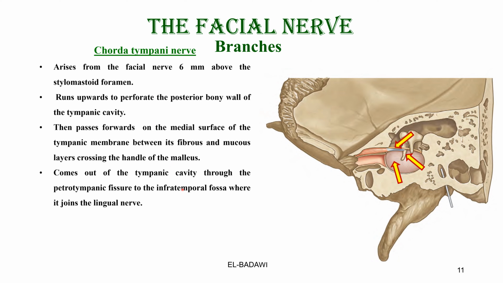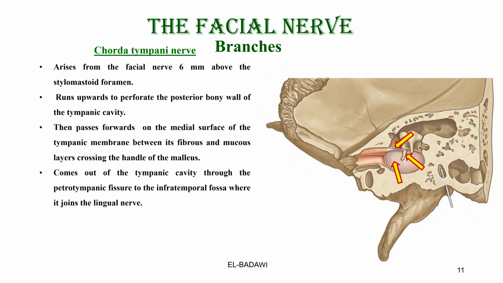That is the course of the chorda tympani within the tympanic cavity, or the middle ear cavity, as it goes very close to the tympanic membrane between its fibrous layer and the mucous membrane, crossing the handle of the malleus, from what we call the posterior canaliculus to the anterior canaliculus.